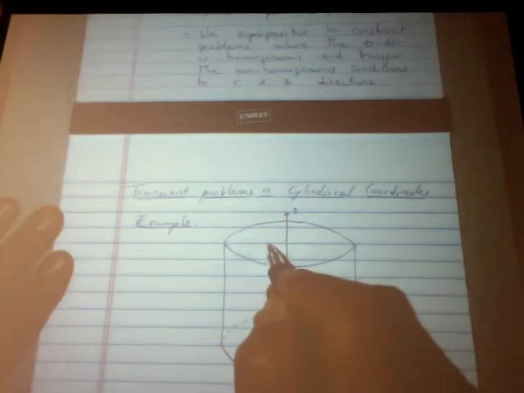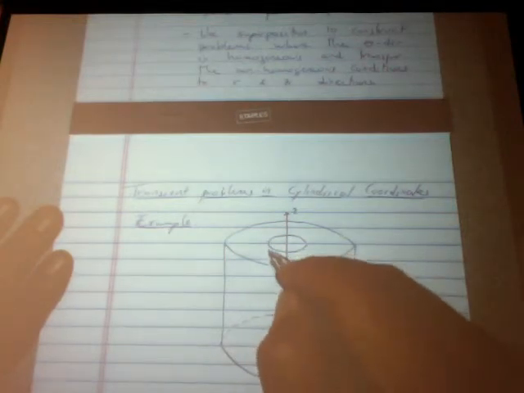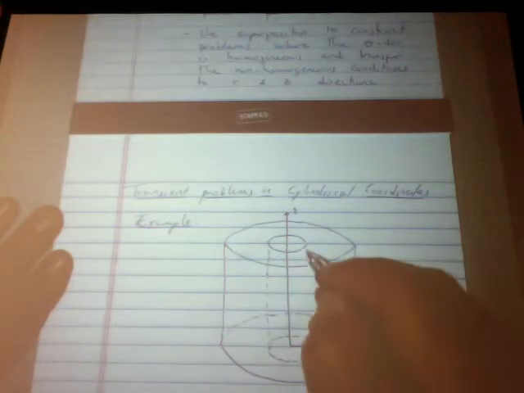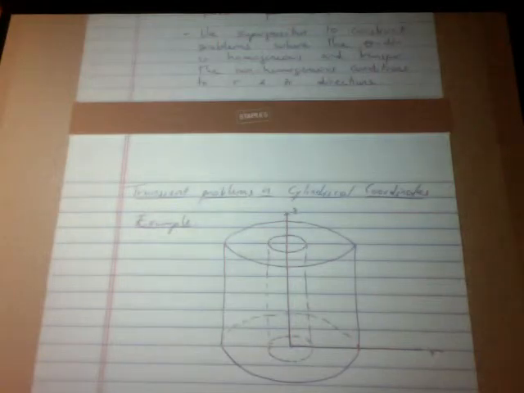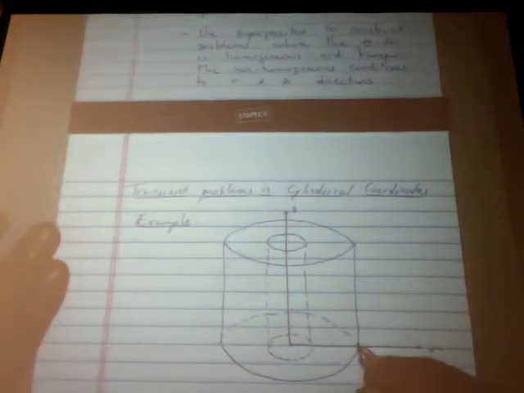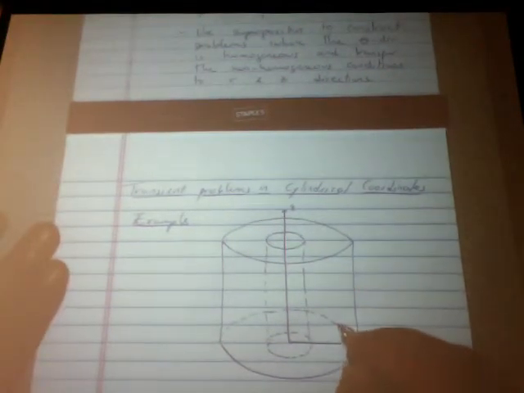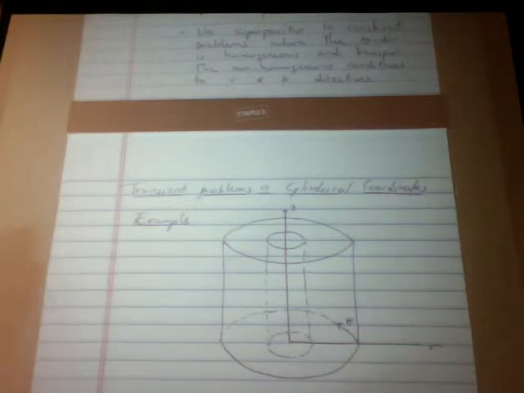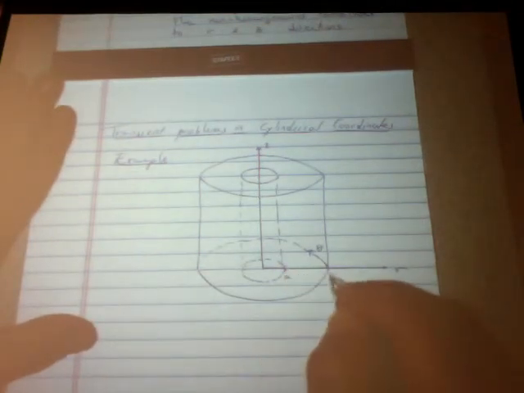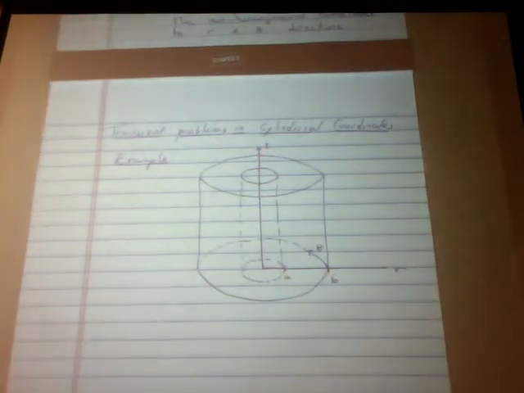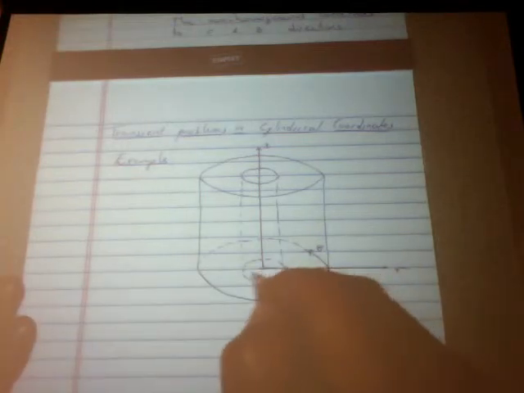Again, this is the theta direction. And that would be the R direction. So in the R direction, we have A and we have B. And in the Z direction, we have 0 and we have L.